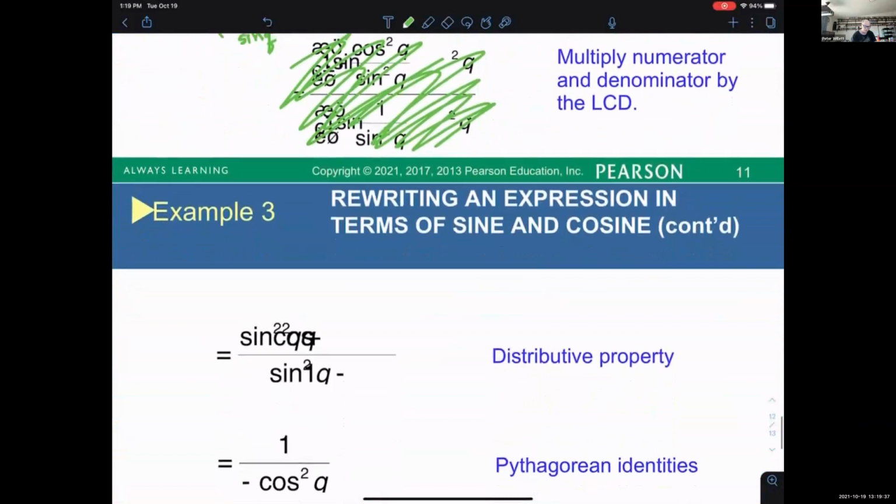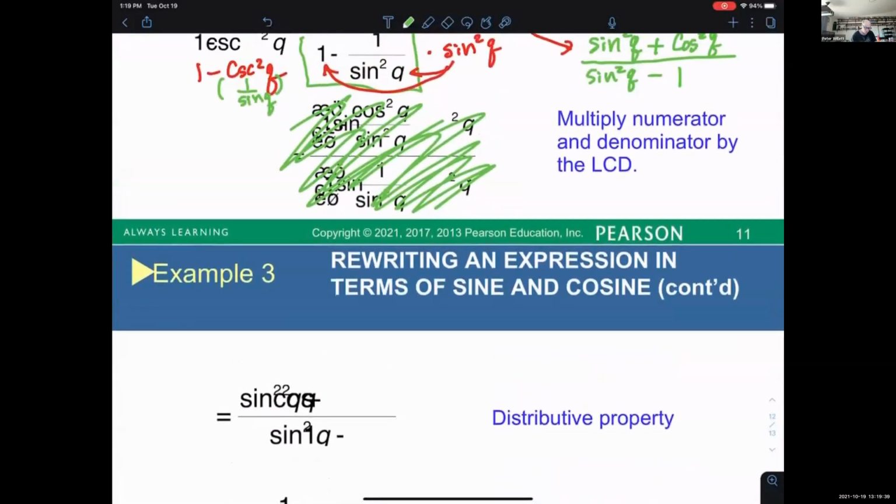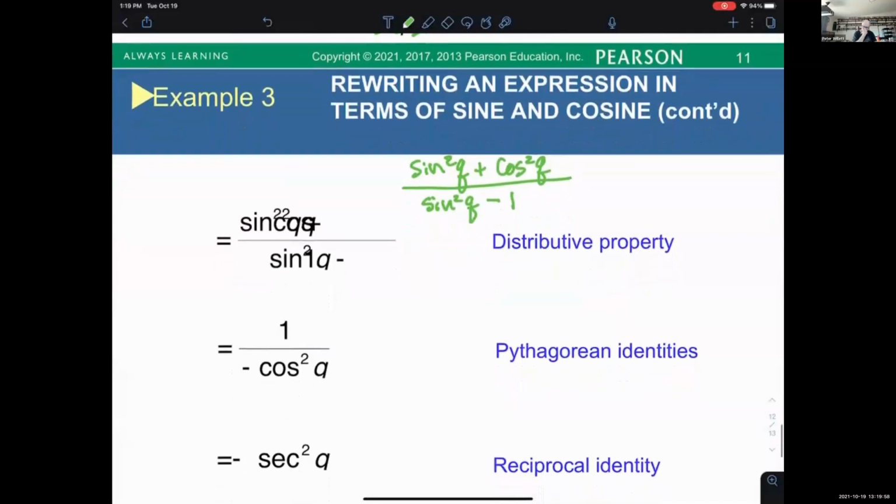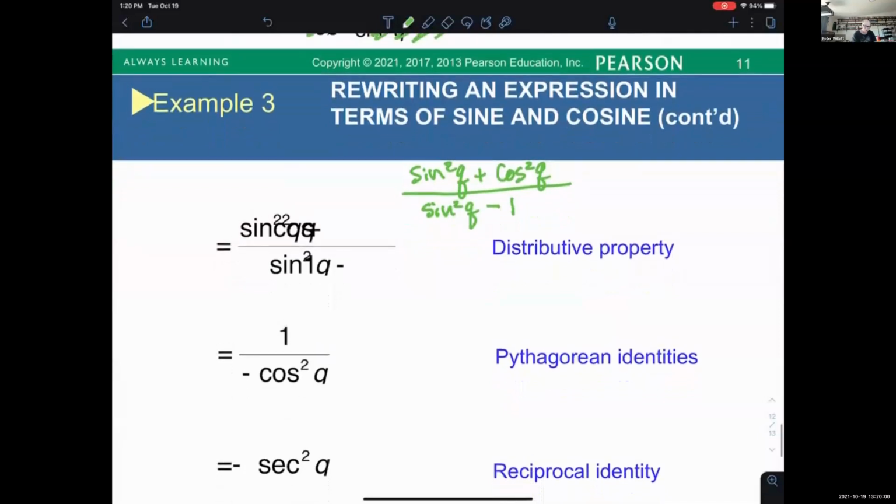So let me transfer that down here. At this point, what they have, and what we have, is sine squared plus cosine squared in the top, and sine squared minus 1 on the bottom. So now, how do we simplify this?